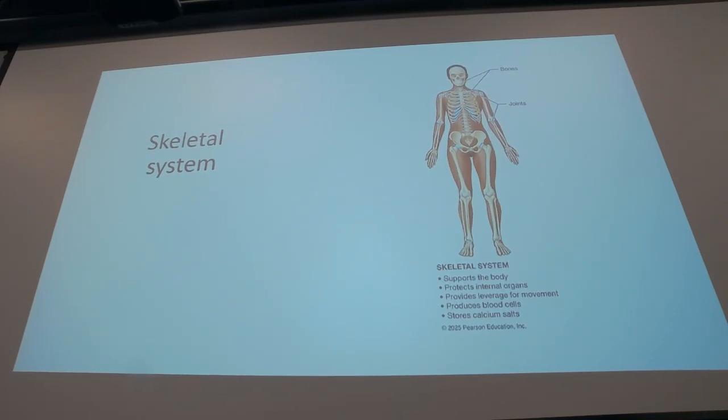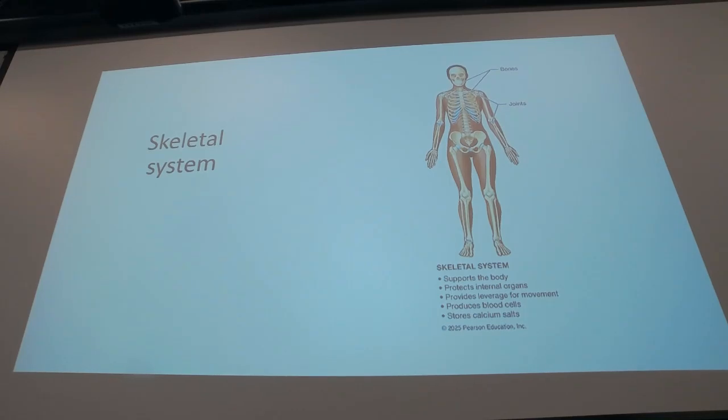Skeletal system is the major support of our body. We have a specific shape because we have the bones. It protects internal organs like the brain, the heart, uterus, etc. It provides leverage for movement. So because we have bones, we don't have to do as much effort to carry certain objects.